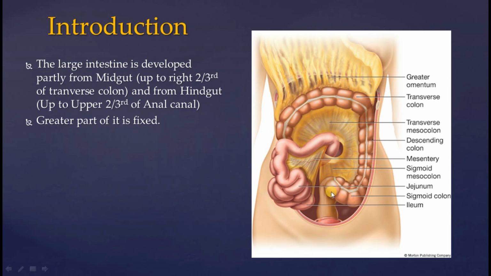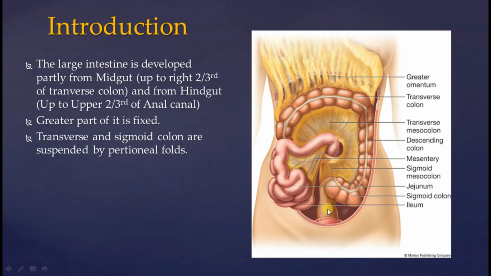Same way the sigmoid colon has its own sigmoid mesocolon. Again, that is a mobile part. So except the transverse and the sigmoid colon, which have their own peritoneal folds, the most part of the large intestine is fixed against the posterior abdominal wall structures.